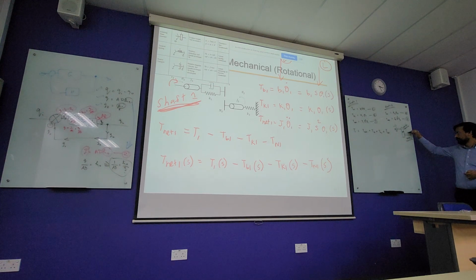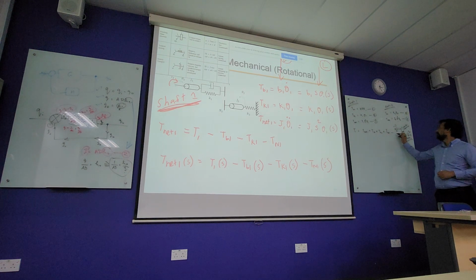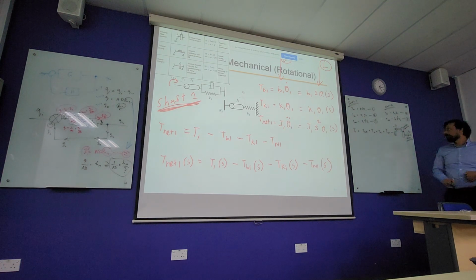How much the angle is going to rotate, that is the ultimate relation to be found. So by having the torque on shaft 1, we transfer the motion over here to get the theta. So this is your sixth equation.